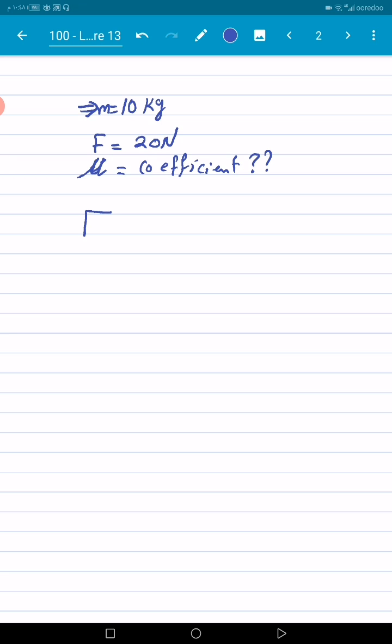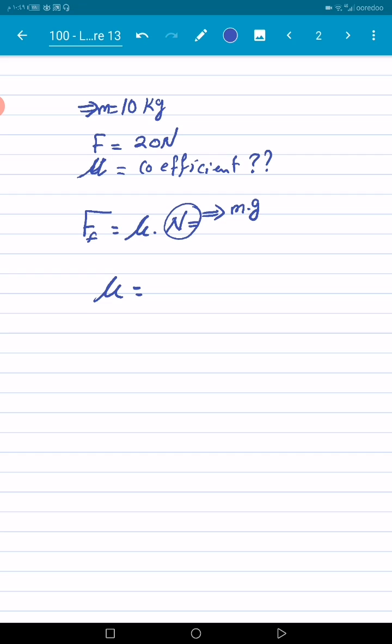I know F friction is equal to the coefficient times the normal force. Normal force is the weight force, so mg. Okay. How can I find it?